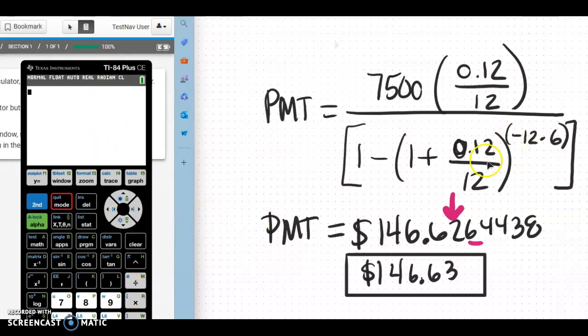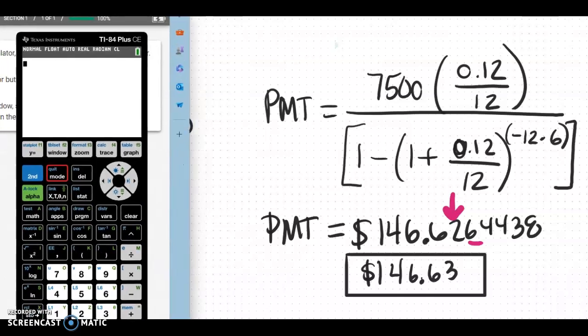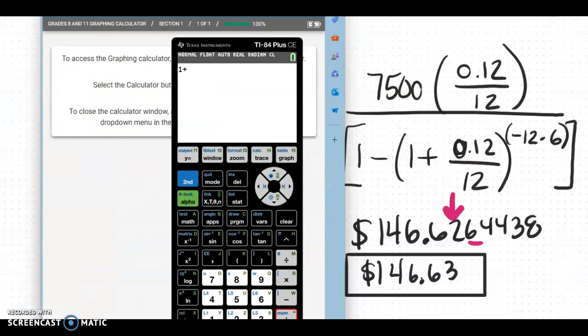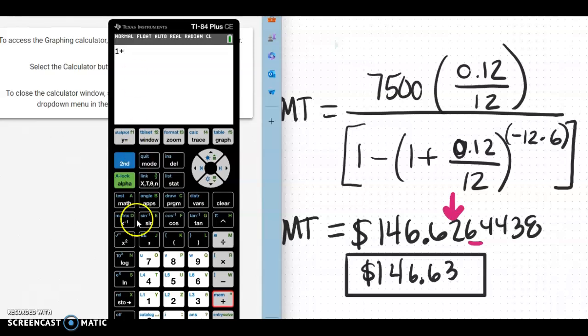So just looking at this exponent part, let me just put it all in there so you can see the difference.